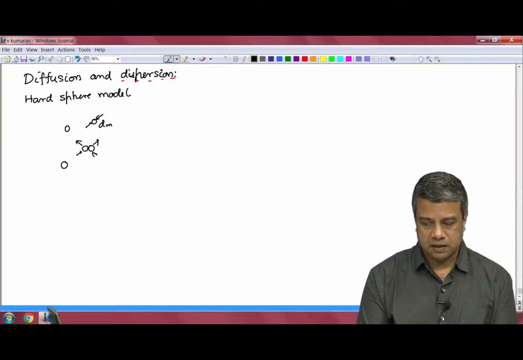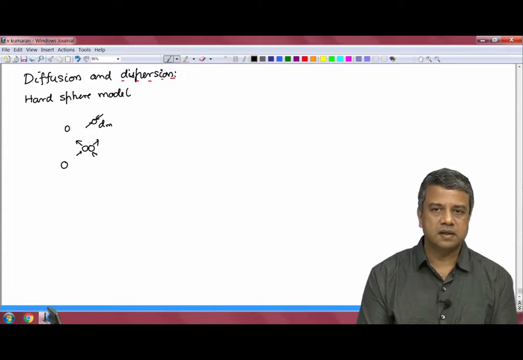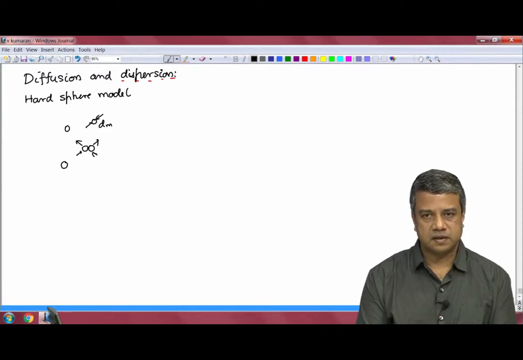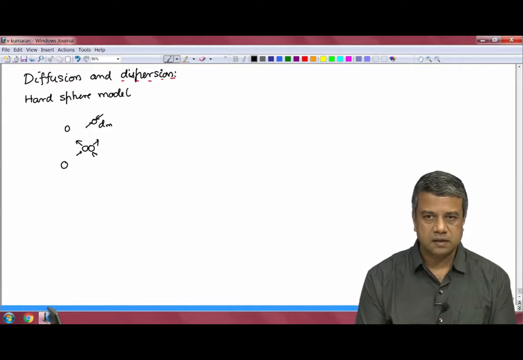If you actually calculate the temperature dependence of the diffusion coefficient of real molecules, what are called soft sphere molecules, it will increase proportional to a power greater than half of the temperature. So, in general you will not get the T power half scaling for real gases because they are not exactly hard spheres.